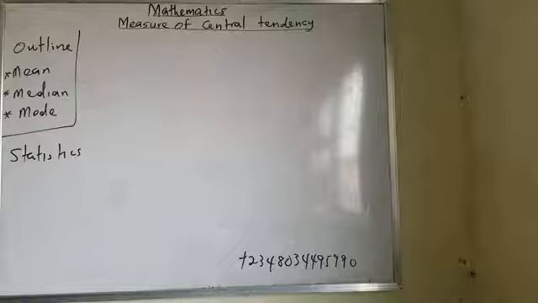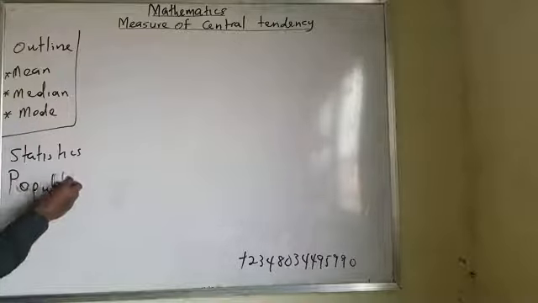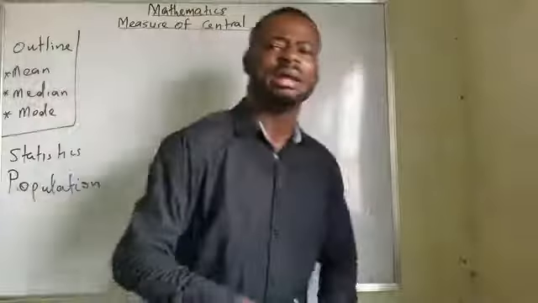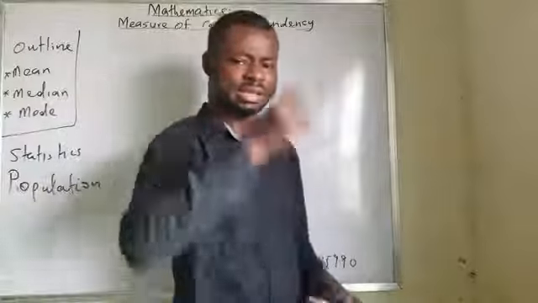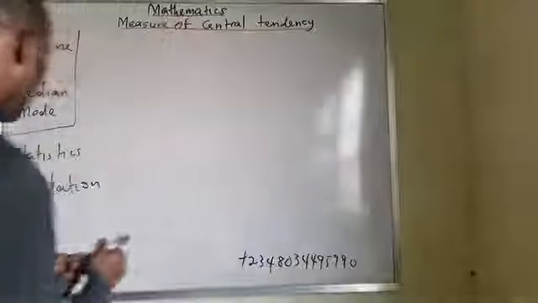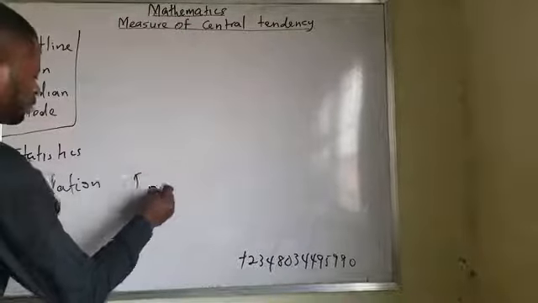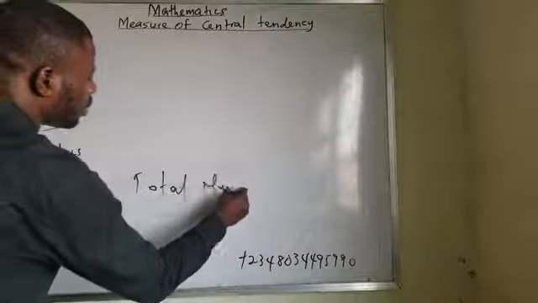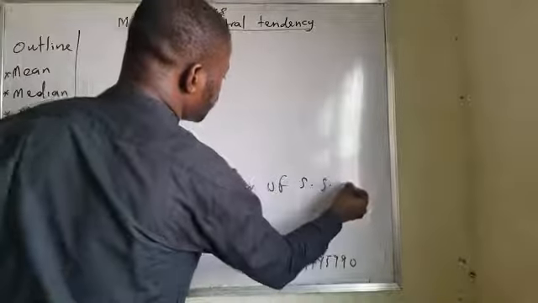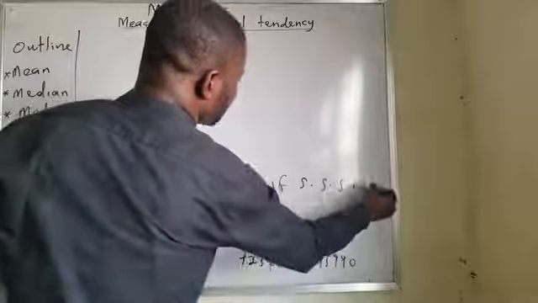Now, the second thing you need to understand is what is called population. Let me use a scenario: the total number of senior secondary school students in Nigeria.